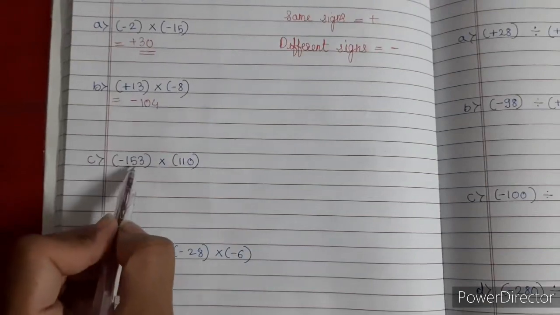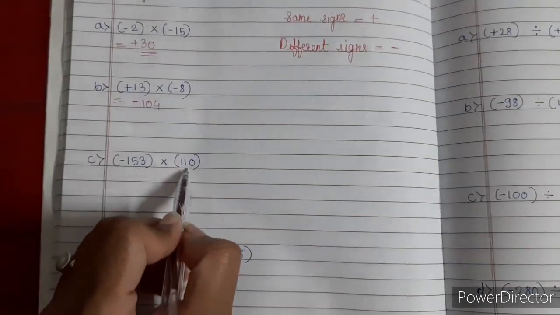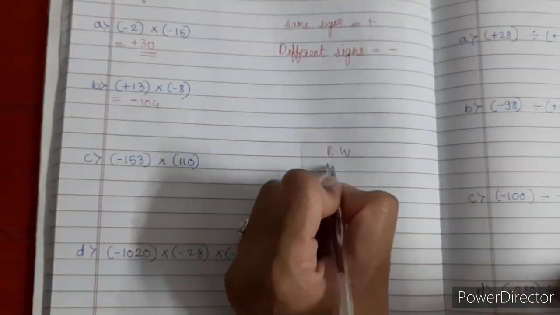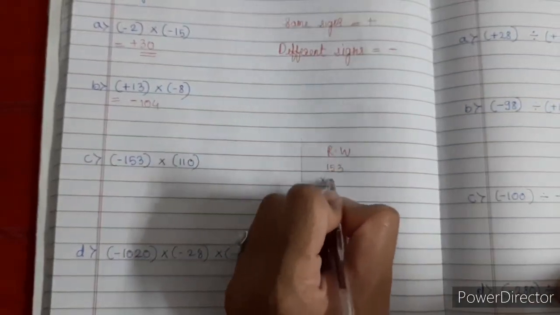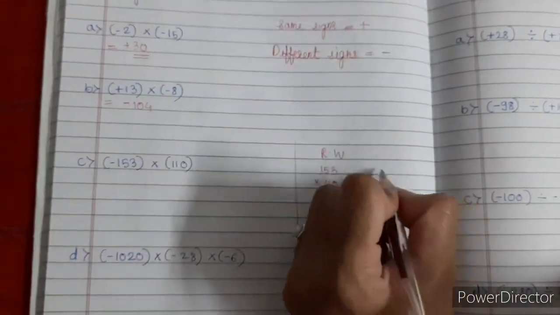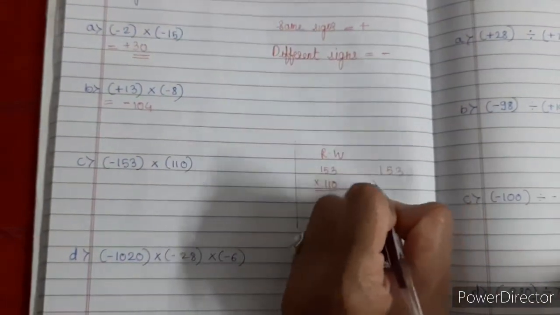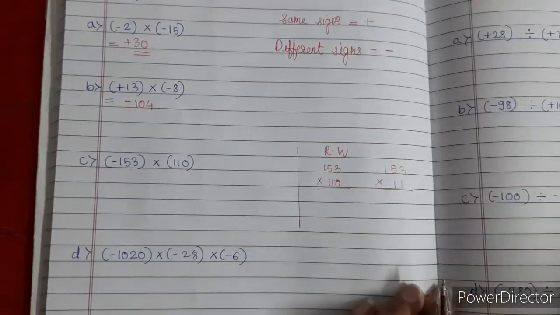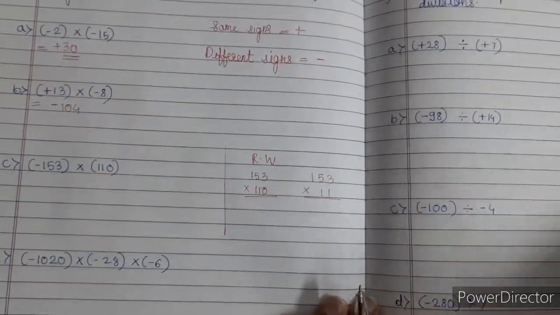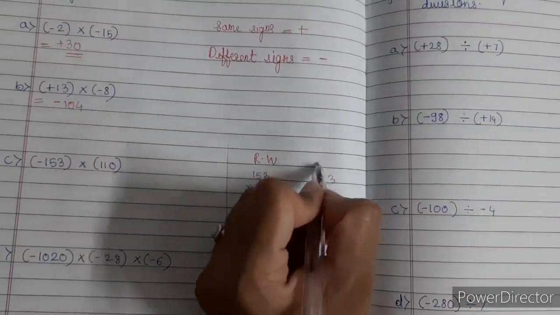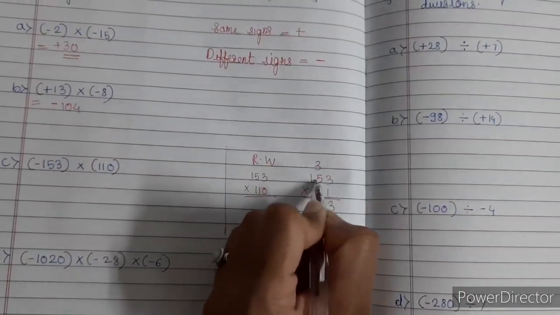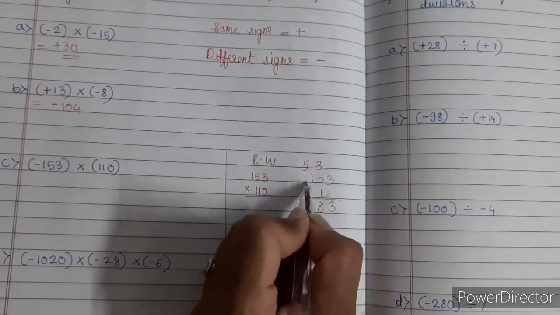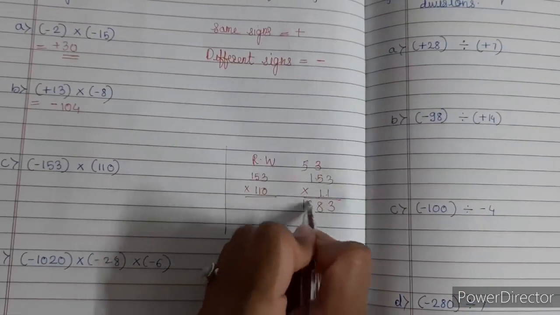Next, minus 153 into 110. We'll multiply as usual 153 into 110. Instead, I can also multiply 153 into 11, so that at the end I can put the 0. So 11 3s are 33, 11 5s are 55, 55 plus 3 is 58, 11 1s are 11 plus 5 is 16.